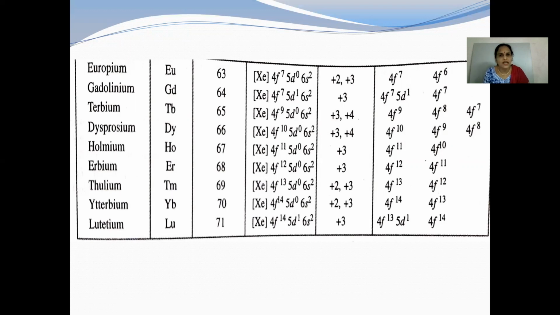Thulium, 69 is its atomic number, Xe 4f13 5d0 6s2. Then ytterbium, Yb is its abbreviation, 70 atomic number, Xe 4f14 5d0 6s2, and lutetium, Lu, 71 is its atomic number, and its electronic configuration is Xe 4f14 5d1 6s2.